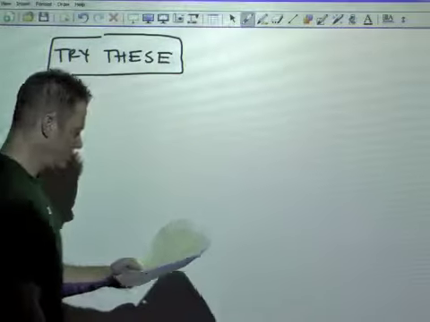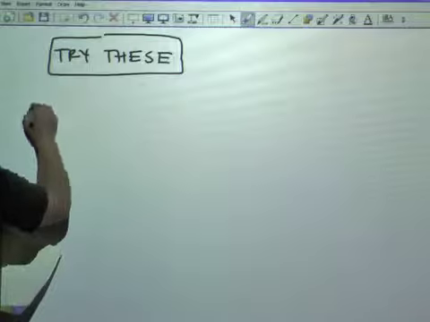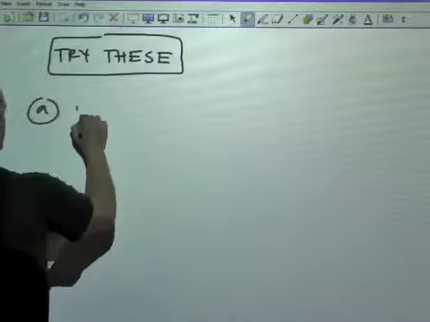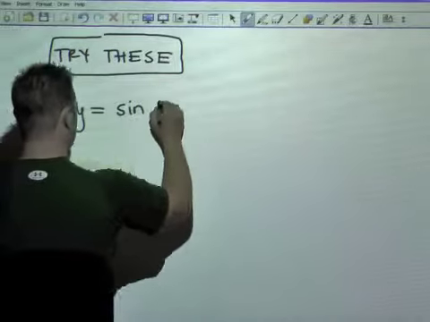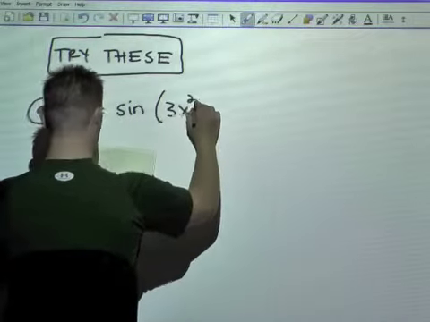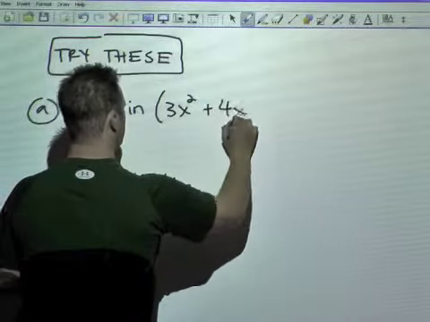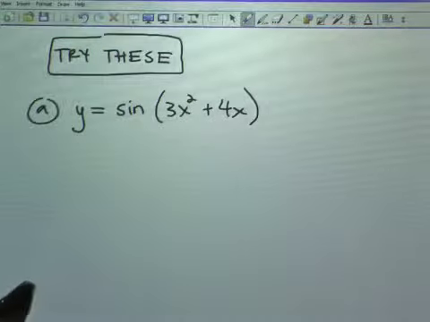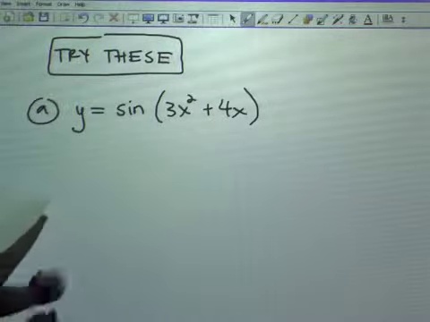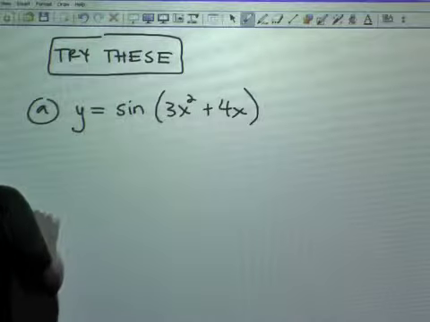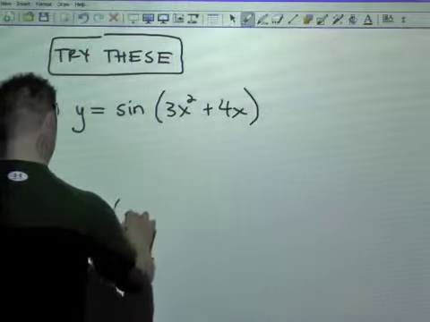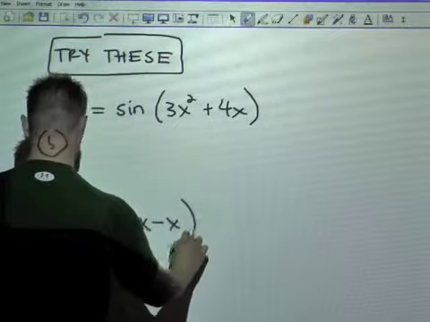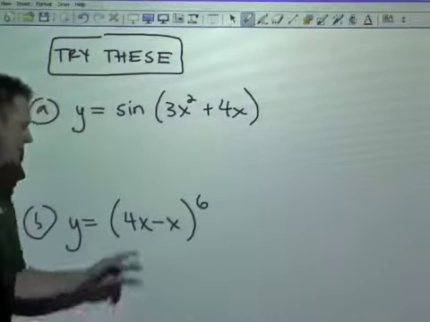Come on. All right. I'd like you guys to try these examples using the chain rule. See if you can do them. Sine of 3x squared plus 4x. And the second one, 4x minus x to the sixth.